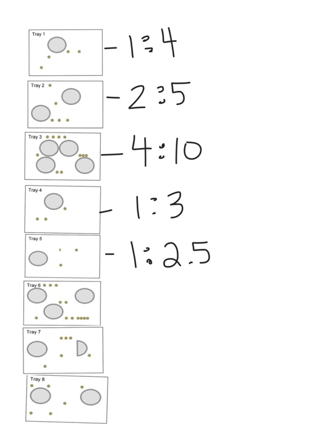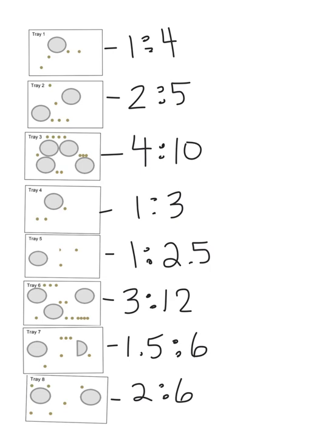In tray six, I'm seeing 3 cookies and 12 chips. In tray seven, I'm seeing that there are 1.5 cookies and 6 chips. And in tray eight, I'm seeing that there are 2 cookies and there are 6 chips.